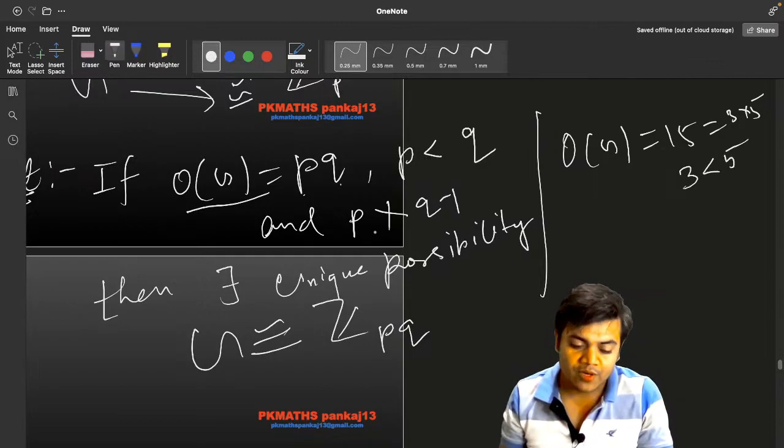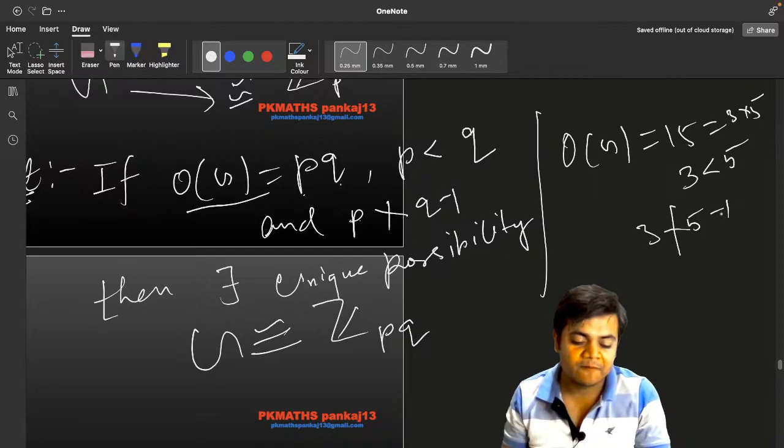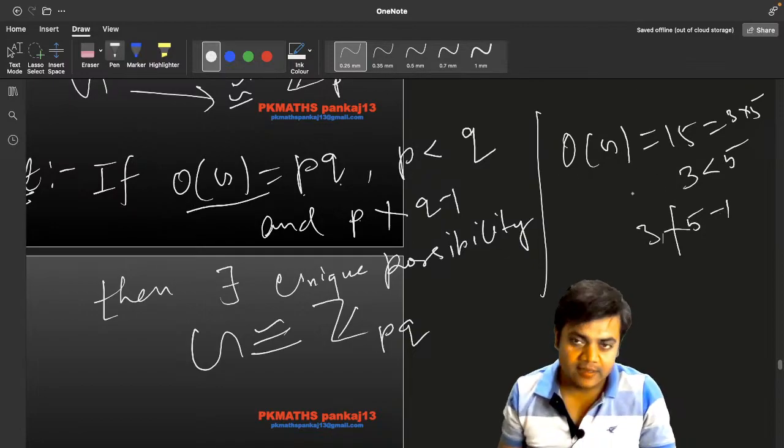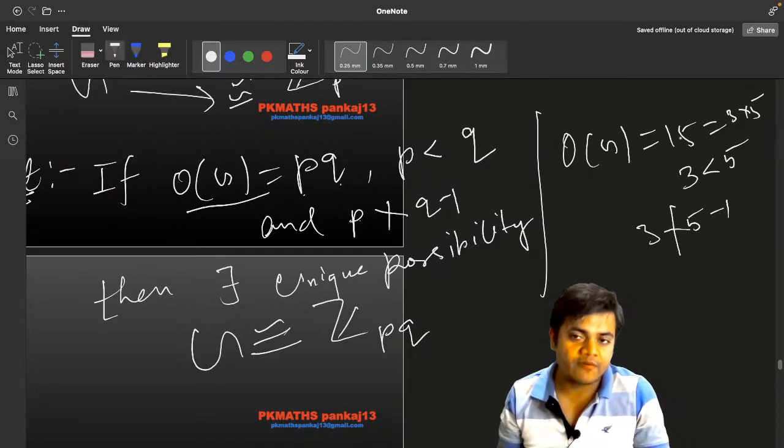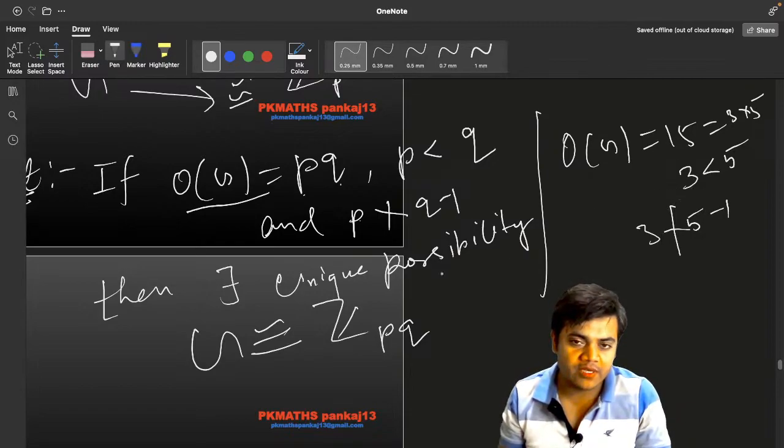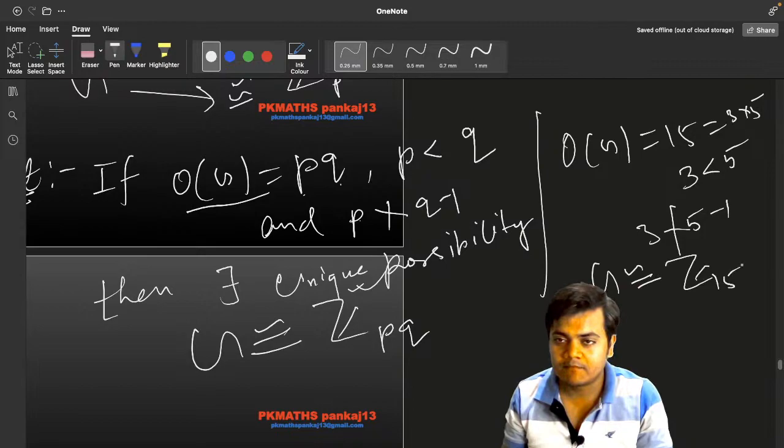And also P does not divide Q minus 1. So what is Q minus 1? It is 4, and 3 does not divide 4. So for a group of order 15, how many possibilities will there be? Just a unique possibility, because all these conditions are satisfied, and therefore G will be isomorphic to Z15.